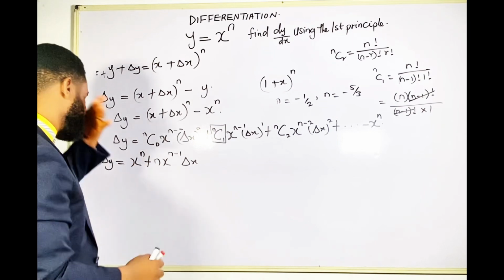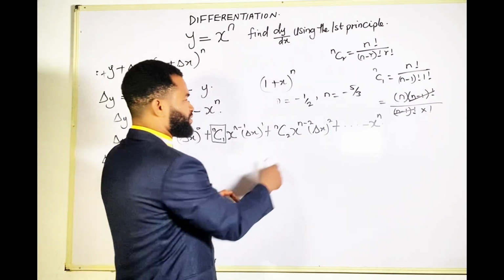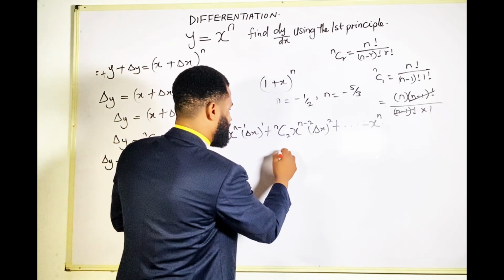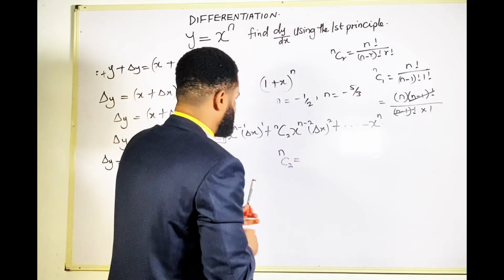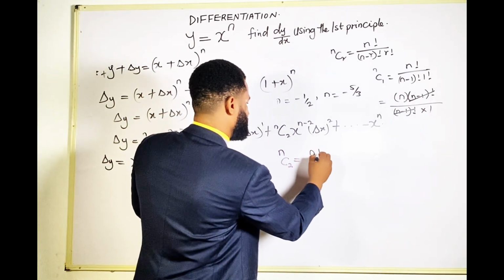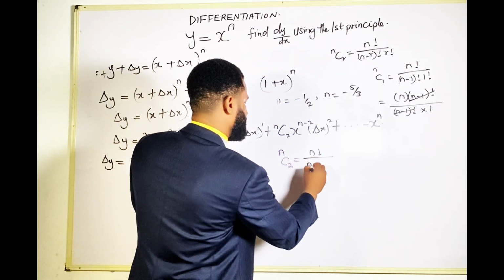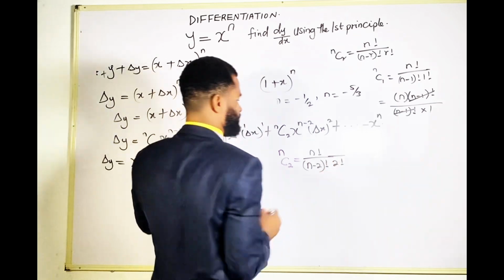Right? So I'm going to do the same for here. For this particular one, I'm going to say n combination 2 is going to be equal to n factorial all over n minus 2 factorial then 2 factorial.